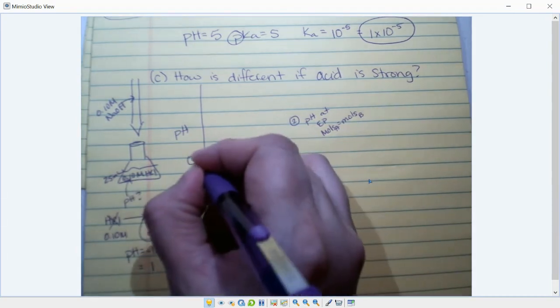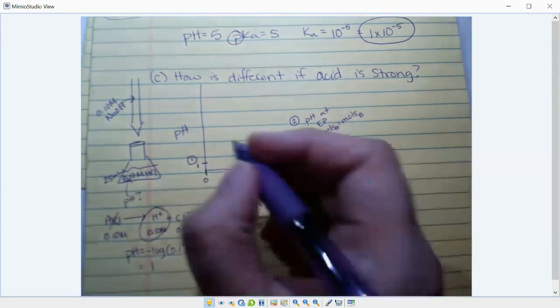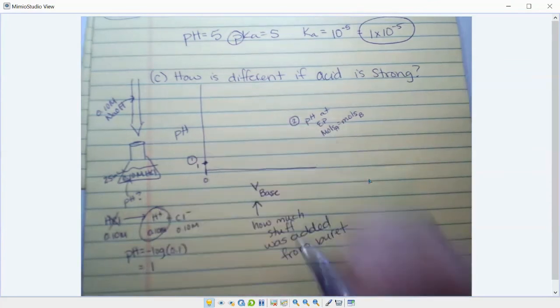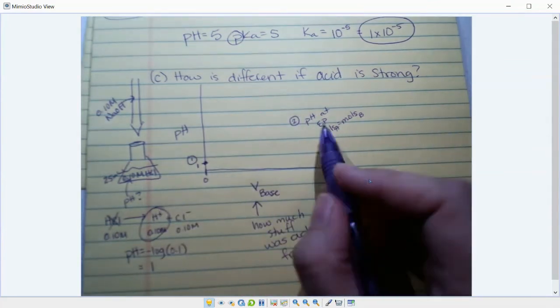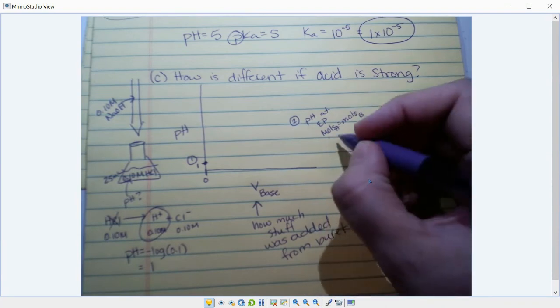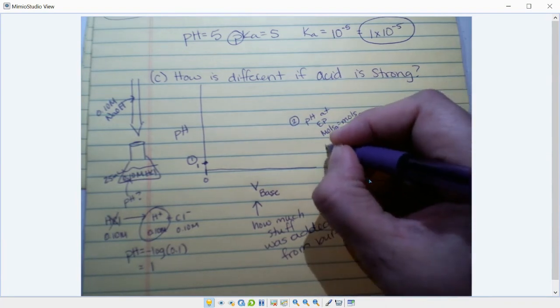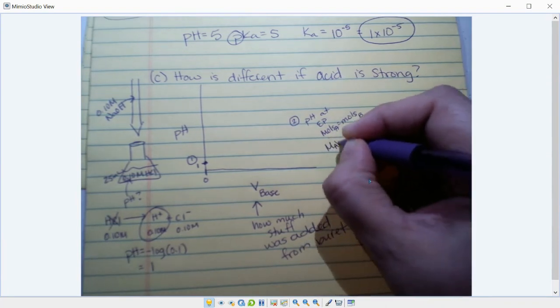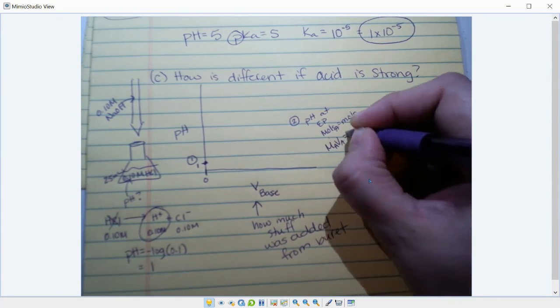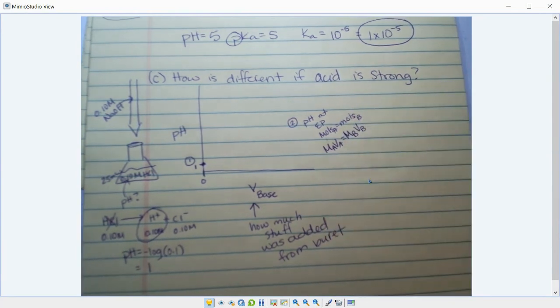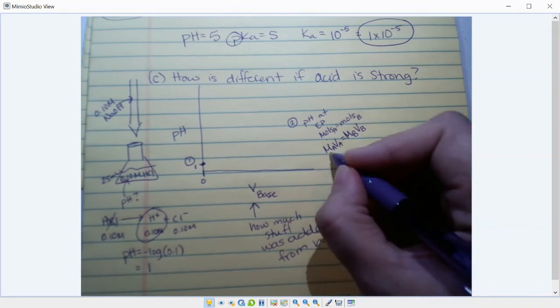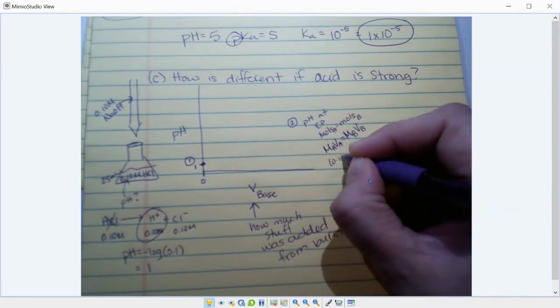So I'm just going to sketch a 1 on here. There's 1. So that's my starting point. My second point would be at equivalence. That's where moles of acid equal moles of base. Recall, MAVA is the same thing as saying moles of acid, and MBVB is the same as saying moles of base. They tell us that the molarity of the acid is 0.1.